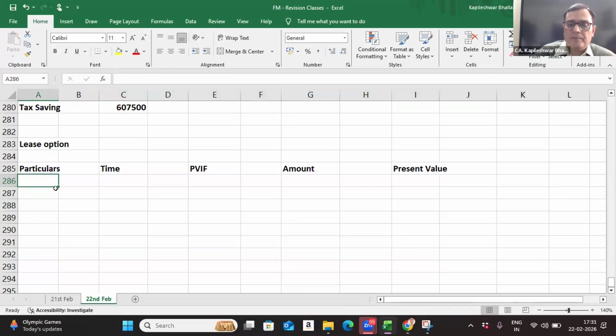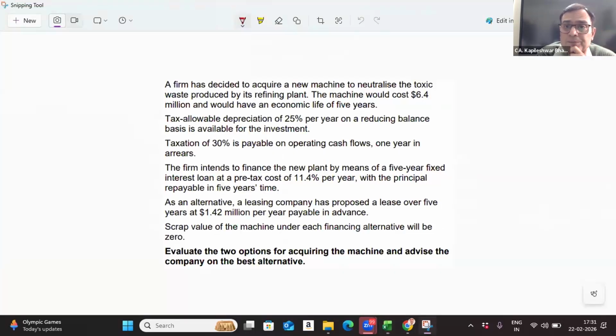One is the payment of lease rent. The payment of lease rent will be at the beginning, I guess, advance. So he's given me that as far as the lease rent is concerned, we're going to pay this 1.42 million in advance each year. So what will be the timing factor of this amount?